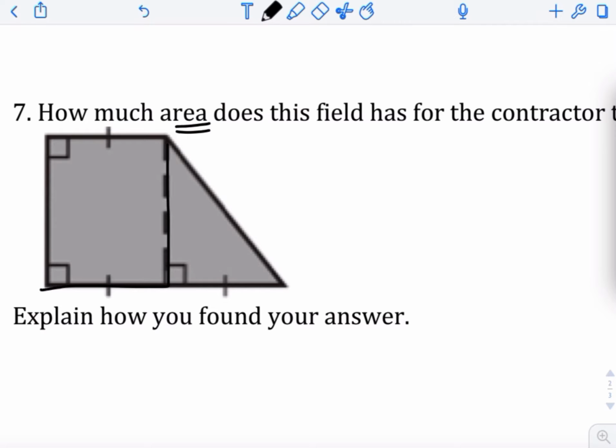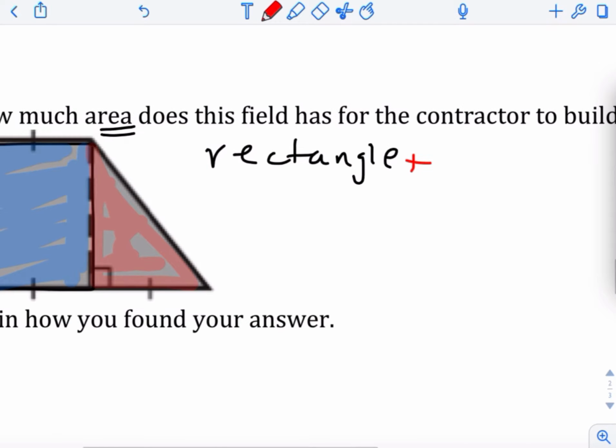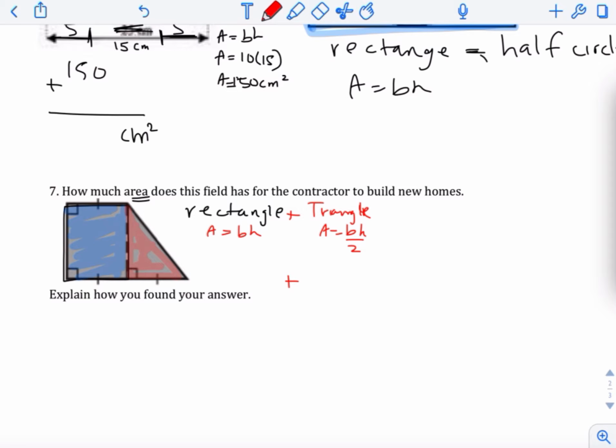So that's the rectangle, plus, it's all shaded, so this rectangle, whatever length and width is, plus this triangle. Remember, area of a triangle is base times height divided by 2. Then add them together. Then explain that. I don't think you need to do Pythagorean theorem.